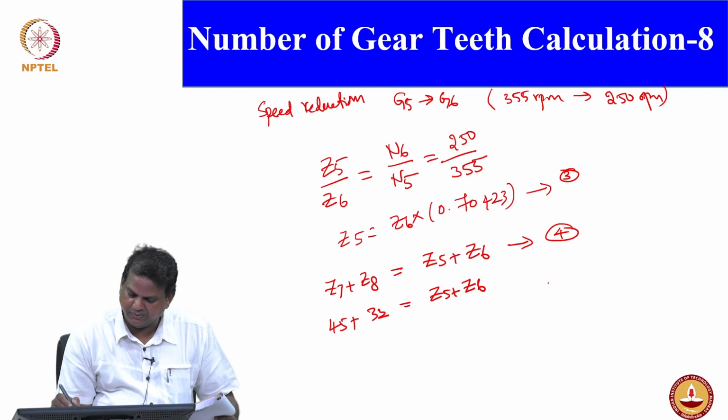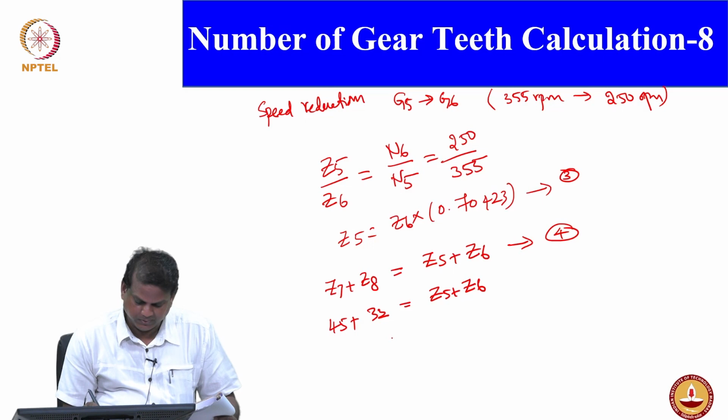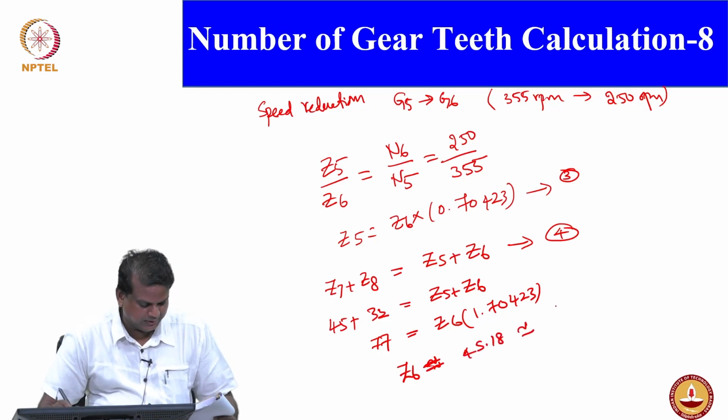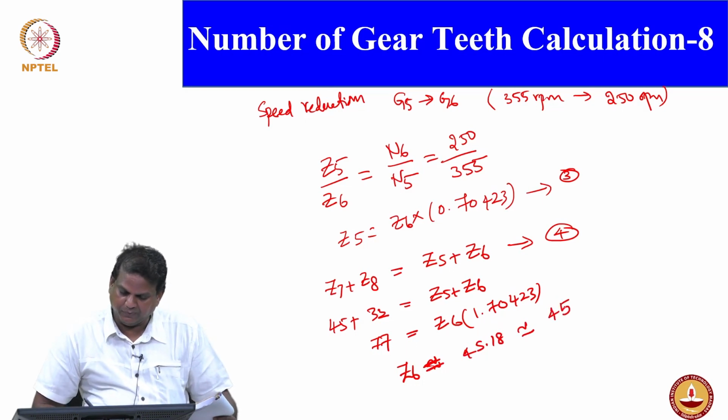If you substitute equation 3 in equation 4, you would expect this is 77, so this is in terms of Z6, Z6 will be 1.70423, and finally I would expect my Z6 equal to 45.18, approximately. I will take it as 45, okay, approximately 45.